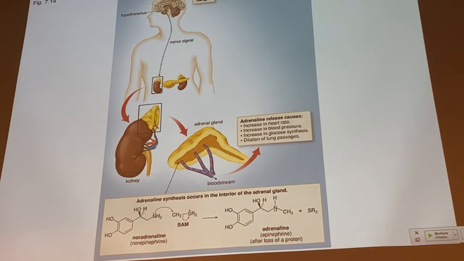When you are scared or you have some other stimulus that gets you in motion and action, your nervous system sends a signal to your adrenal glands, which are right by your kidneys, to produce adrenaline. Adrenaline is produced by SN2 reaction of noradrenaline with SAM.